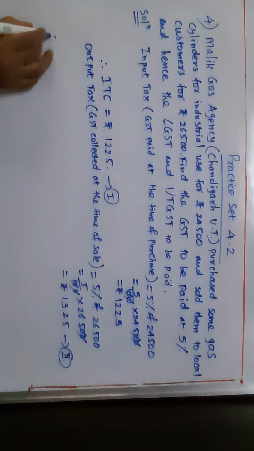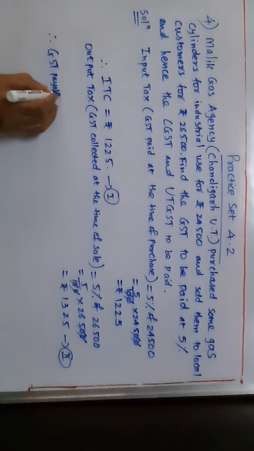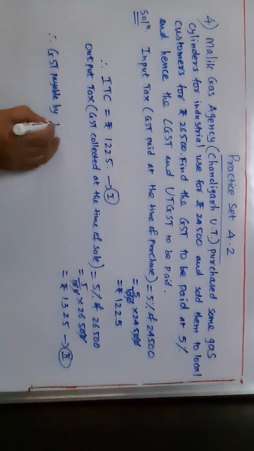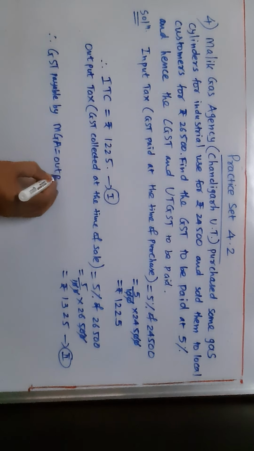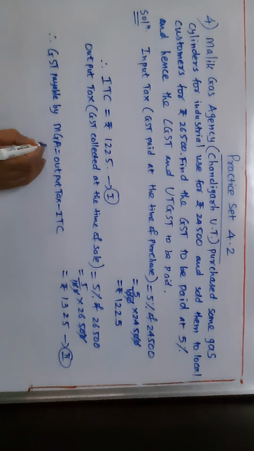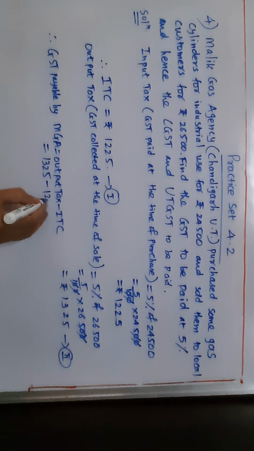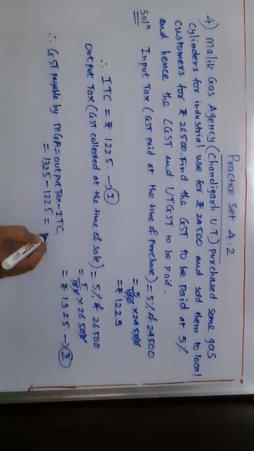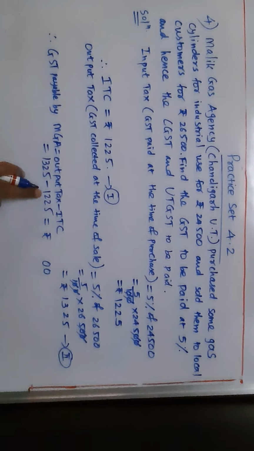And therefore GST payable by Malik Gas Agency, MGA I am writing, is equal to output tax minus ITC, you know the formula. Now output tax is the tax collected from the customer, 1,325, and input tax credit is what they have already paid, rupees 1,225, to the government. So the difference between them: 5 minus 5 is 0, 2 minus 2 is 0, then 3 minus 2 is 1.